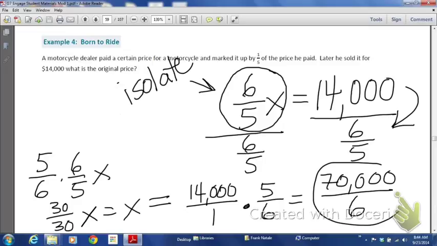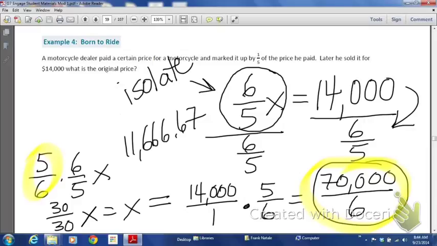Now, I want you to do this division on your calculator. Please give yourself a break there. Just knowing to use the reciprocal is important enough to me. So go ahead, 70,000 divided by 6. We get 11,666.67.